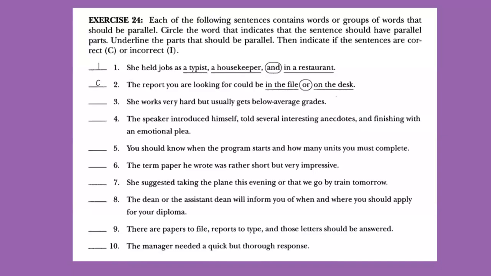Now, number 1 is incorrect. Yes, because we have in a restaurant should be a server. Here we have a typist, a housekeeper, and in a restaurant, and a server. We're talking about jobs. So I should have jobs.